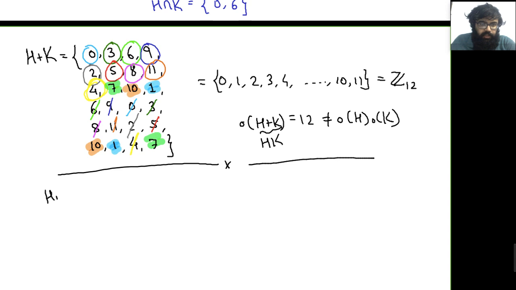Suppose H intersection K is the identity, as in the previous two examples, where we have seen that this is the identity. Then we want to show that there are no repetitions. All repetitions only come when H intersection K has more elements. So suppose H intersection K is the identity, and suppose there are repetitions. Let us see what happens.